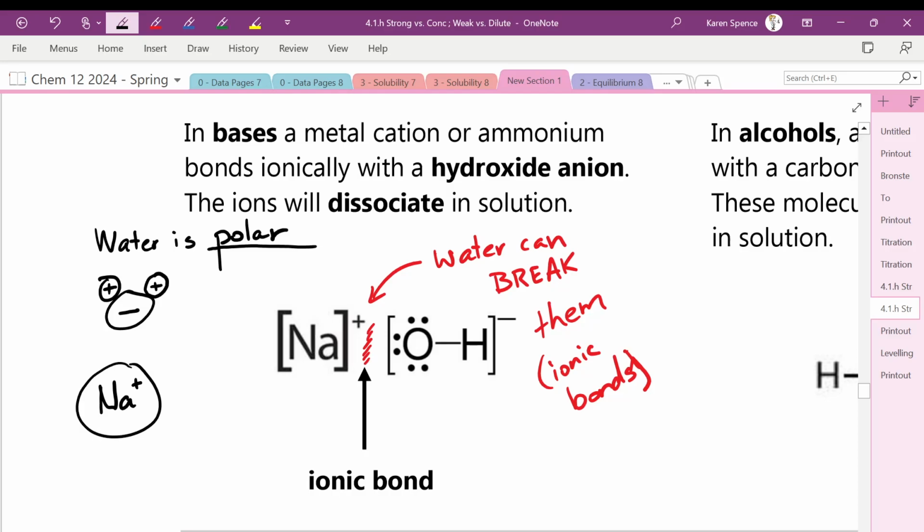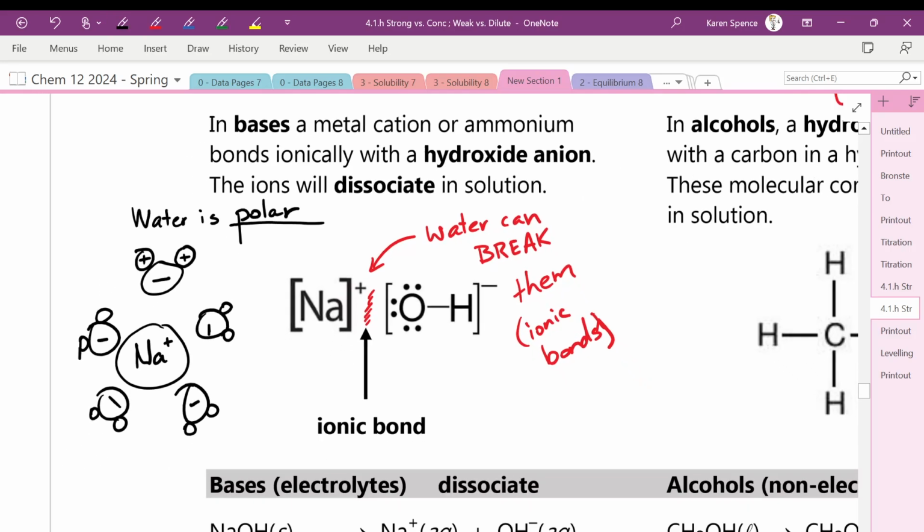So what you'll end up with is Na plus. Which side of the water would face the Na plus, the negative or the positive? The negative. So I'm actually going to leave that one there. It's almost in the right place. Okay, so we've got our negative facing the Na.